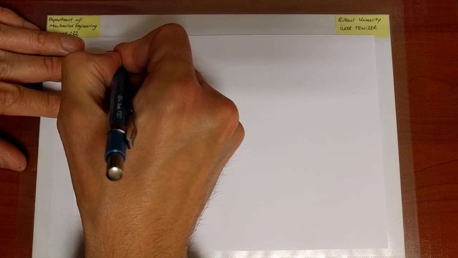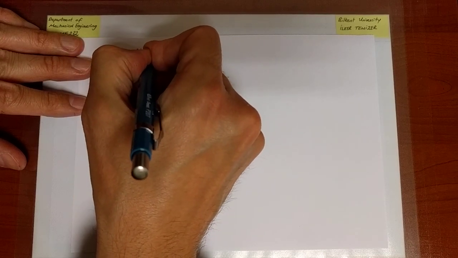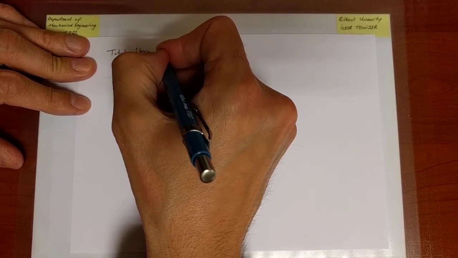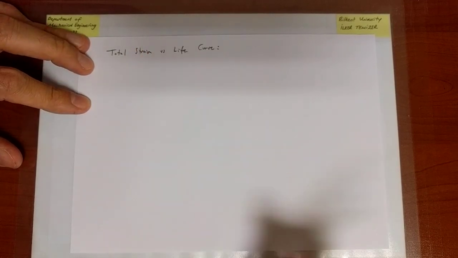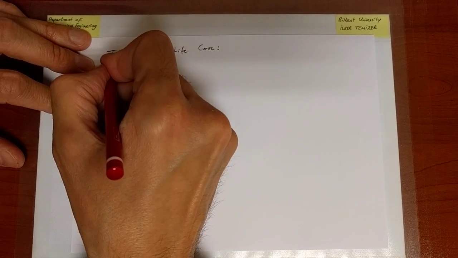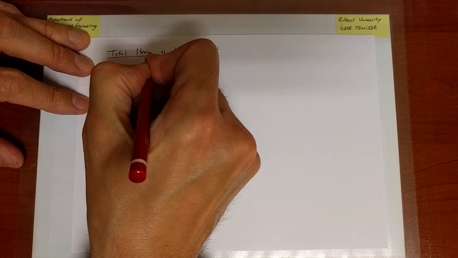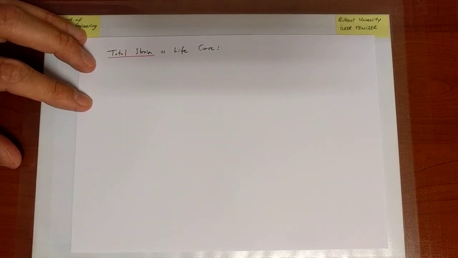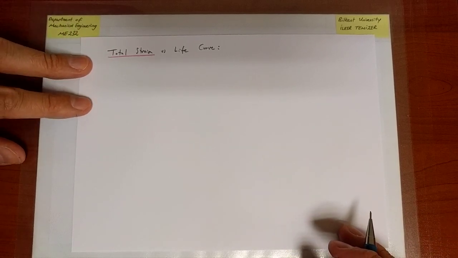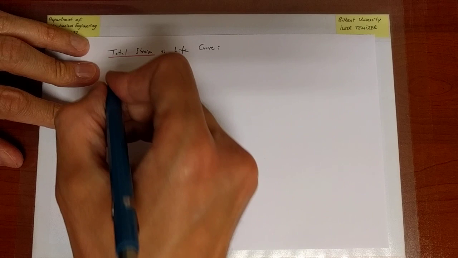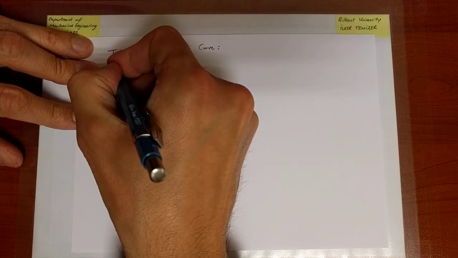figure and generate the total strain versus life curve. We might as well just say strain versus life curve, but just to emphasize that this is different from plastic or elastic strain amplitude, I'm going to call it total strain versus life curve.